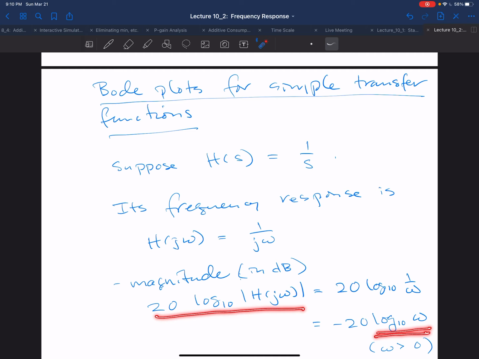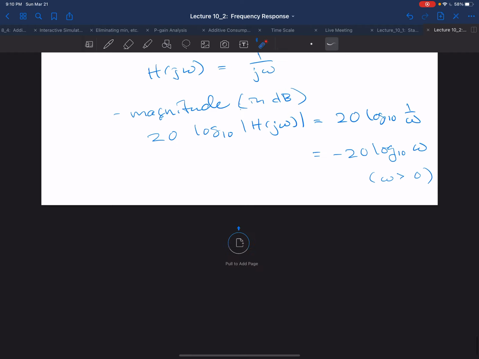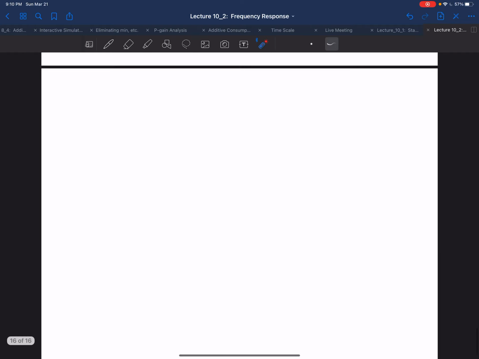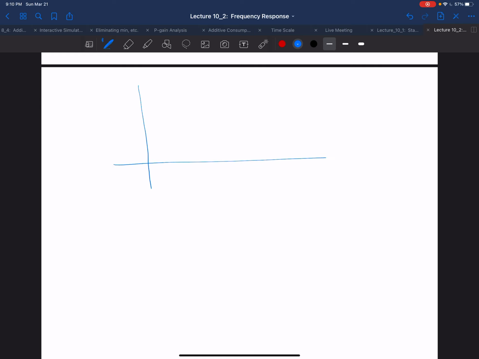And in cases like this simple one, we will get straight line plots, because this is just a straight line versus log omega with a slope of minus 20. We'll talk about the units of that slope in a moment. So if we plot the modulus of H(j omega) in decibels versus the log of omega, we get a straight line.